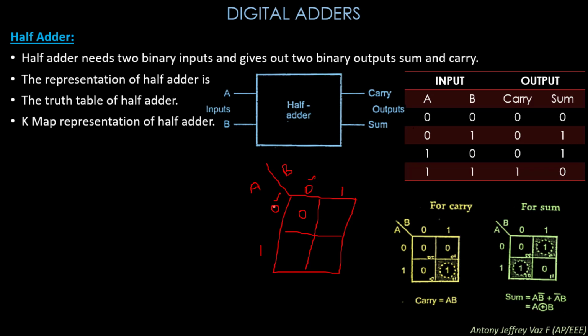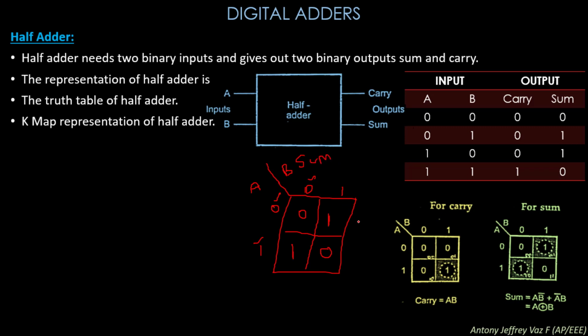Similarly for 1 and 0, that is 1 is here and 0 is here, so put the 1 over here. For the next step, you can see there are two ones. Two ones represent 0, so you put 0 here. So this is the K-map constructed for the sum.